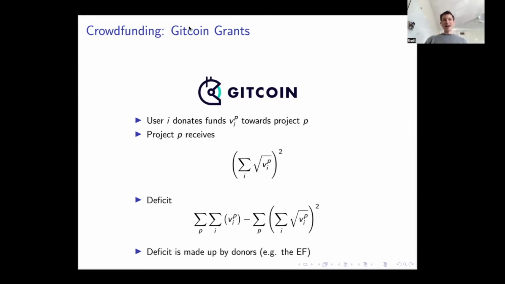Yeah, so the question is, why square root? Okay, so there's a couple of things. The first intuition is that it should essentially devalue whales, right? In stake-weighted voting, if I have 100 tokens, my vote counts 100, and I can really influence the election or the funding if I have a large fraction of tokens. But if we take the square root of everything, it flattens things out.